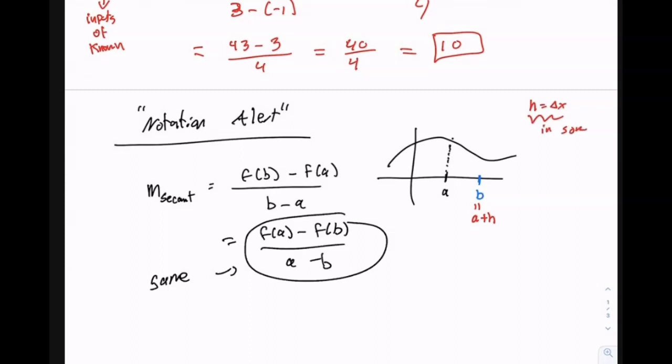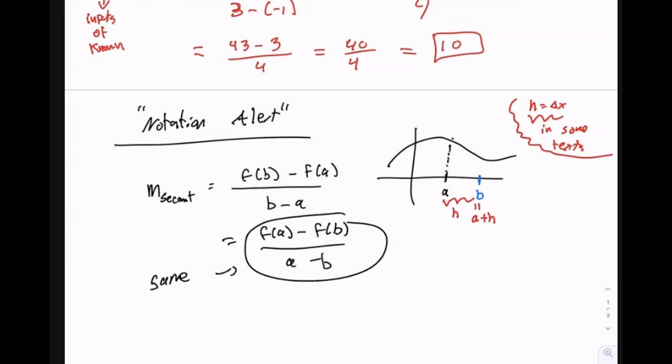You might see that online, with all this work with delta x's. I'm not a fan. I like to use h. It does make more sense maybe with the delta x, but I find it a little more confusing. So here's what it means. Instead of calling this value b, we call this a plus h, which means, and here's why it's helpful.